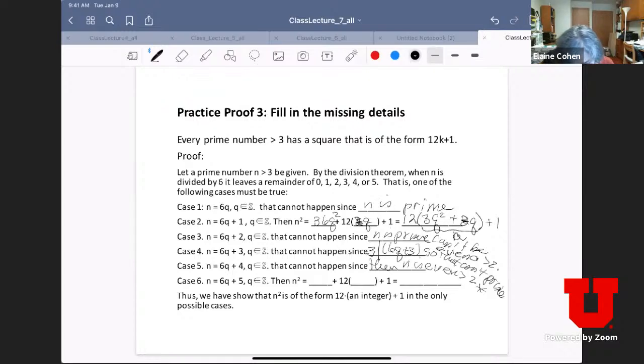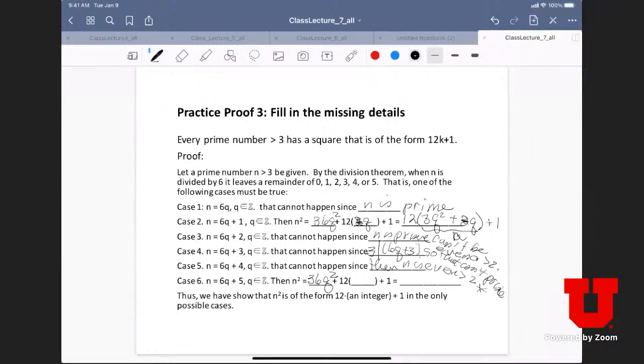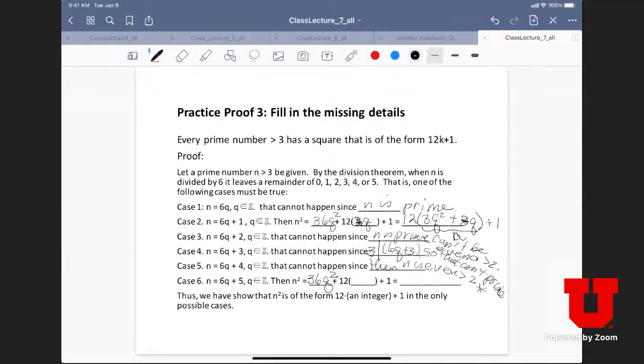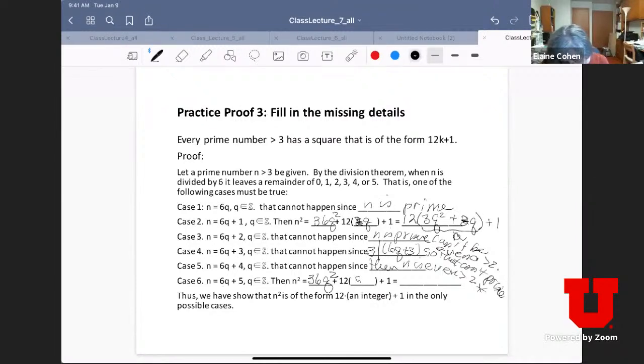What about 6q plus 5? What's n squared then? Well, it's 36q squared. And then 6q times 5 is 30, and then again is 30, that's 60, and that's equal to 12 times 5q plus 1.